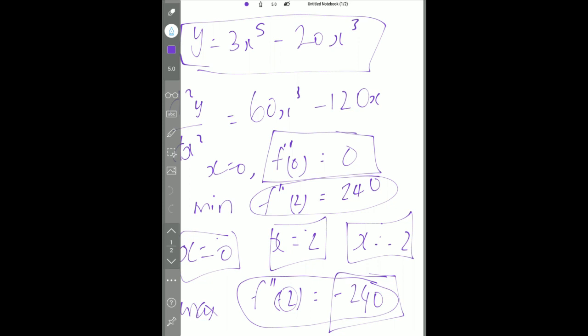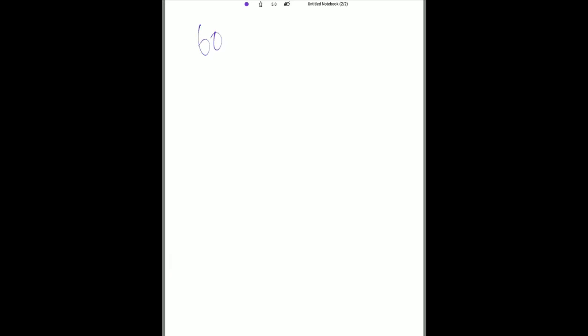But let's carry out the actual process to determine whether or not 0 is actually an inflection point.